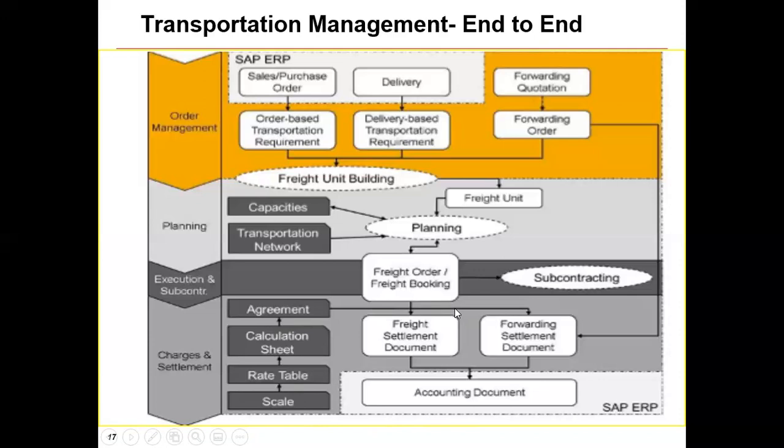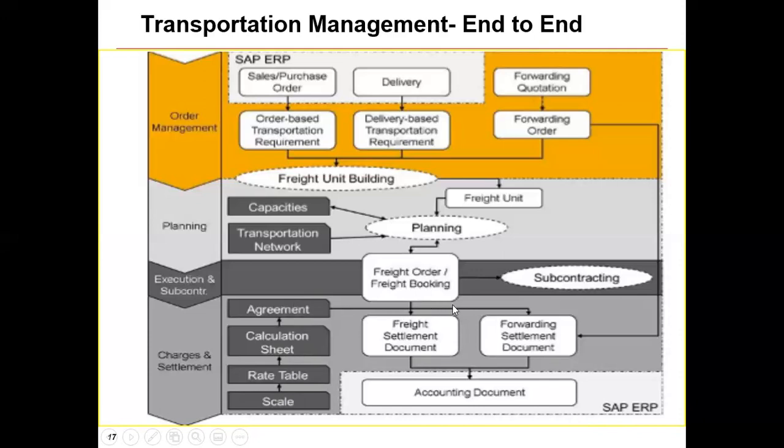Now, after that, this is the freight order management activity. We have these executions and the subcontracting process. After completion of the physical movement of the goods from one place to another, we need to be proactive related to the freight settlement documents, based on all these four other sub documents: scale, rate table, calculation sheet and agreements.